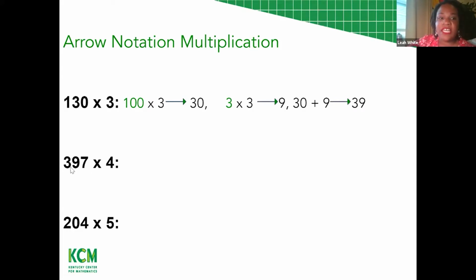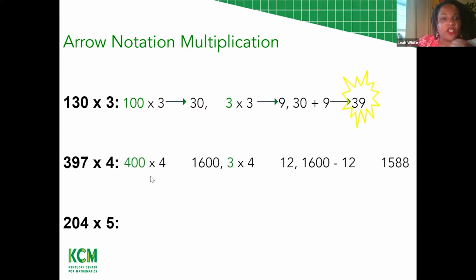And then once again, if we have 397 times 4, we can change that as a partial product of 400 times 4 and 3 times 4, and then subtract that from the total to get our product.